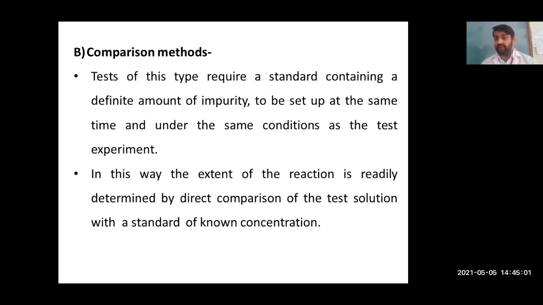After comparison, we can identify whether the impurities are in the stated amount as per the monograph or beyond it. In this way, the extent of reaction is readily determined by direct comparison of the test solution with the standard of known concentration.